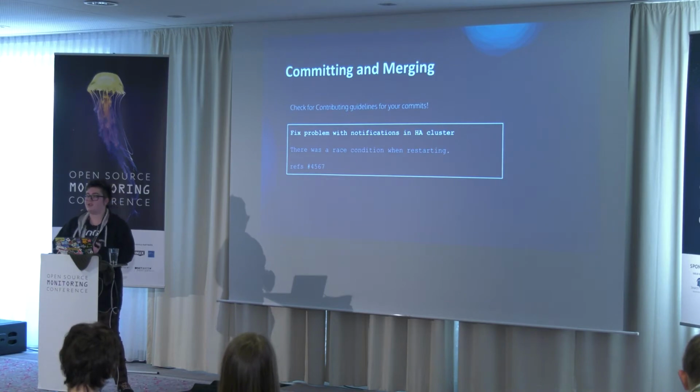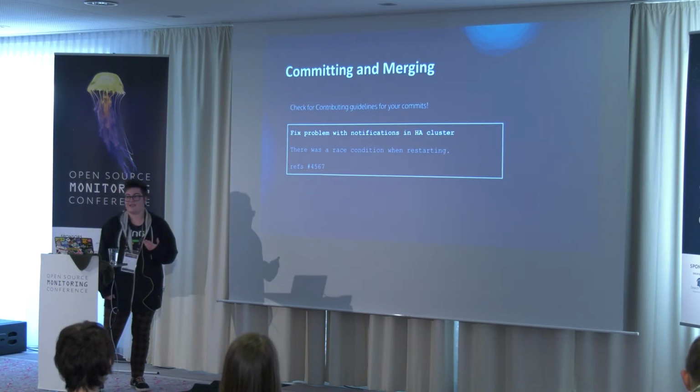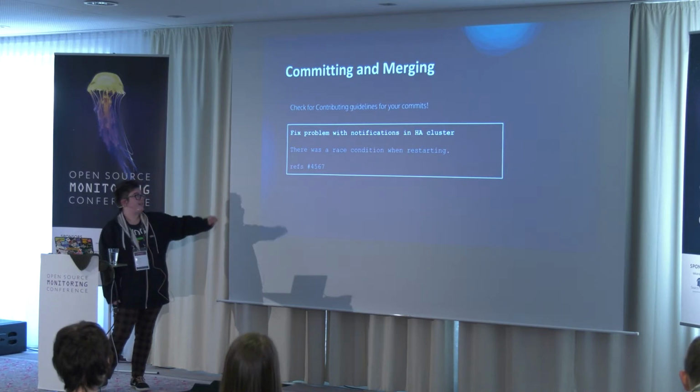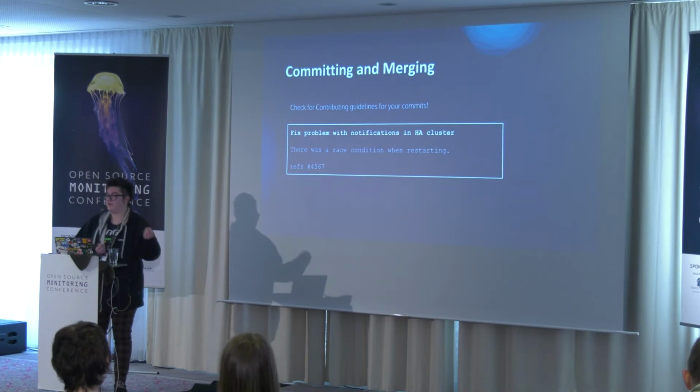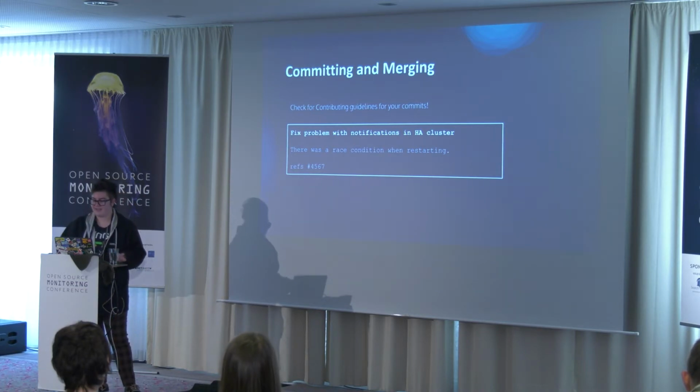If you're solving an issue that exists in the repository, you can also reference that issue with this keyword. So you use refs and then with a hash the commit ID, which will automatically link the pull request you're trying to open to the issue that you're trying to fix.